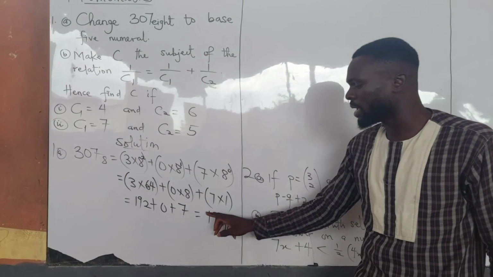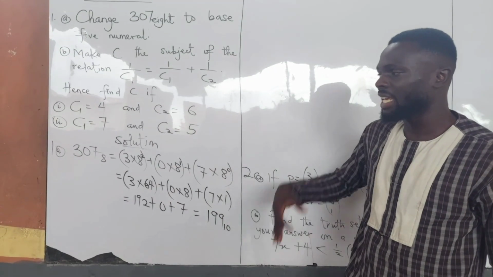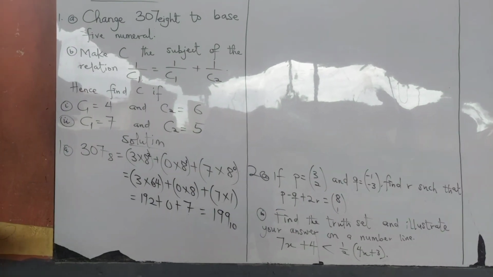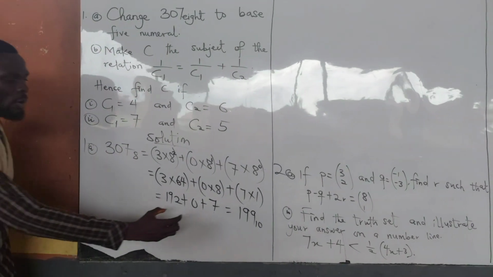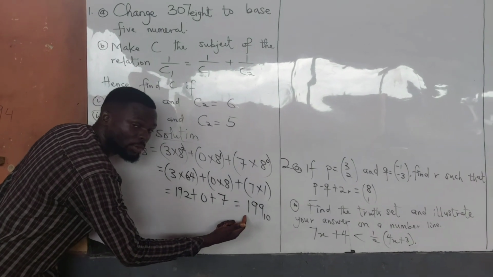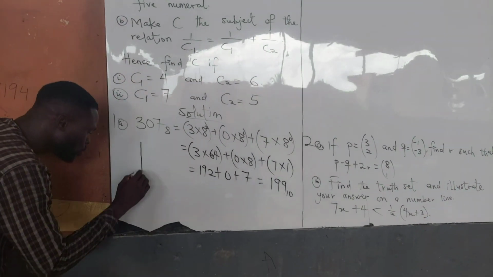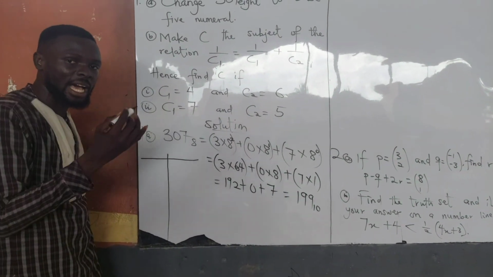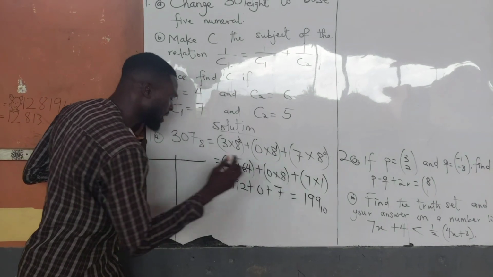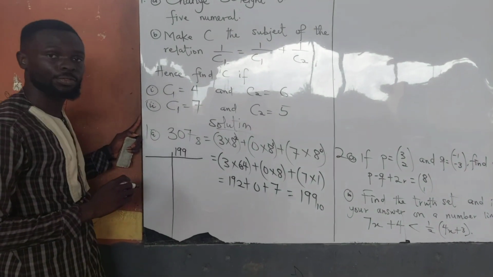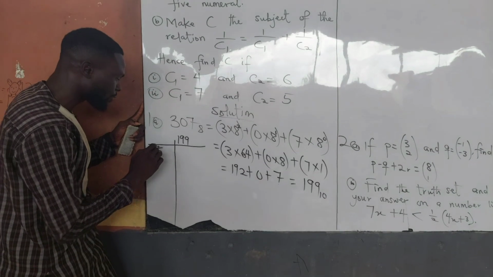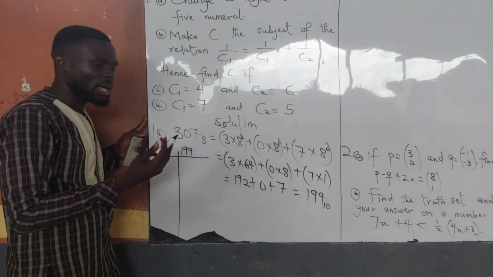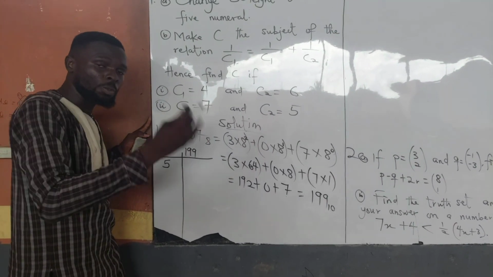So now we have this in base 10. Now let's convert this one into base 5. To do the converting, let's do it here because of space. We are changing this base 10 into base 5, so we are going to do a division by recording the remainder. We ask ourselves, 5 will divide this number how many times? With the help of long division, we will be able to know.